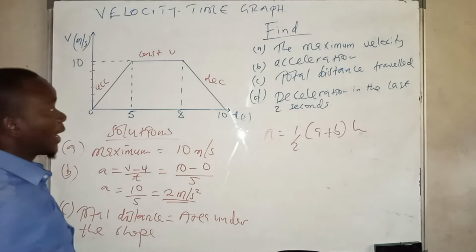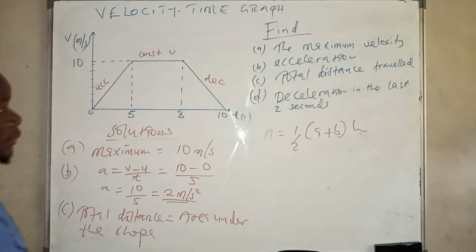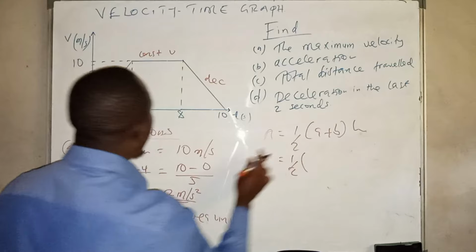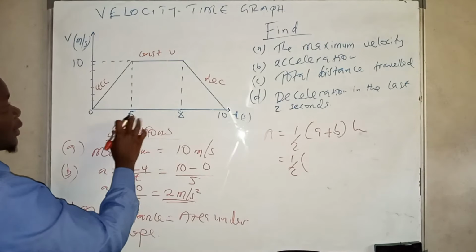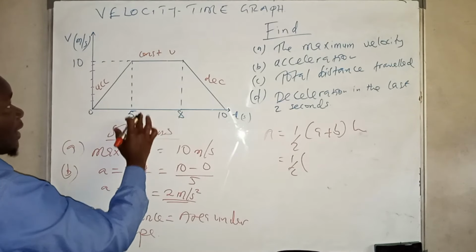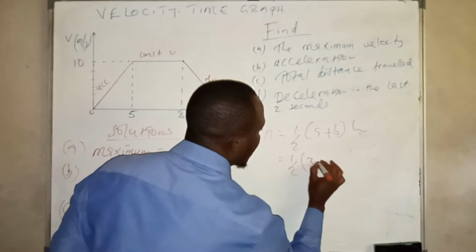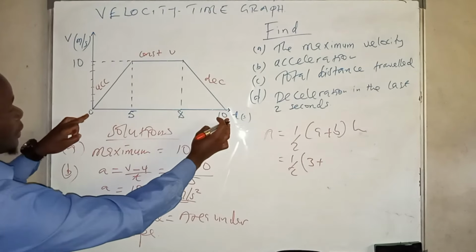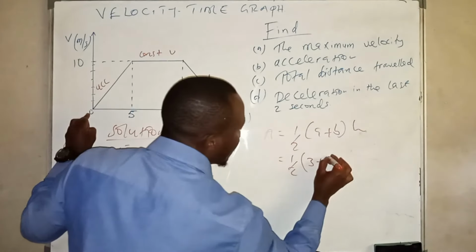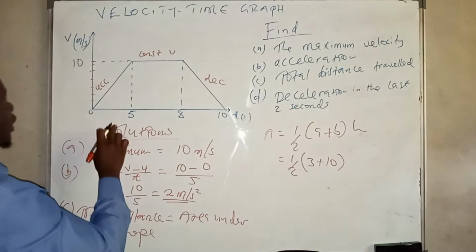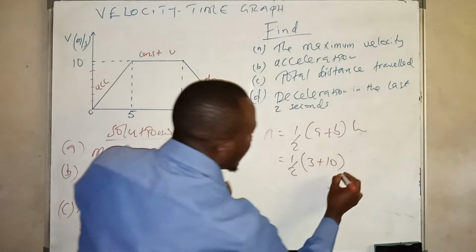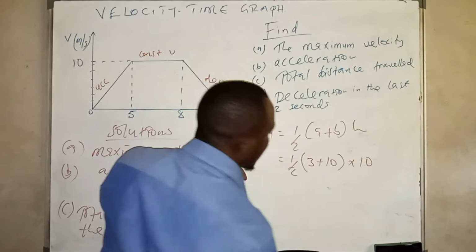So we're going to plug in the values. We have half, then our A is from 5 to 8, so it is 8 minus 5, which is 3. Plus our B is 0 to 10, which is 10 minus 0, which is 10. Then our H is from this point to this point, which is 10, so times 10.